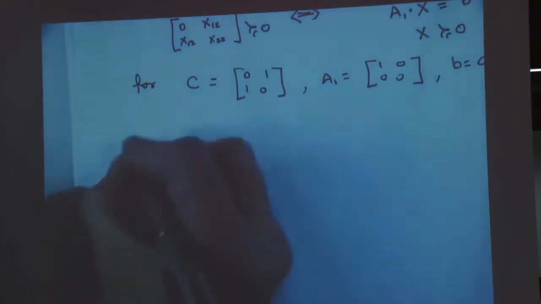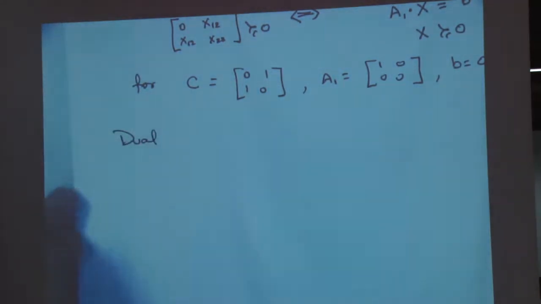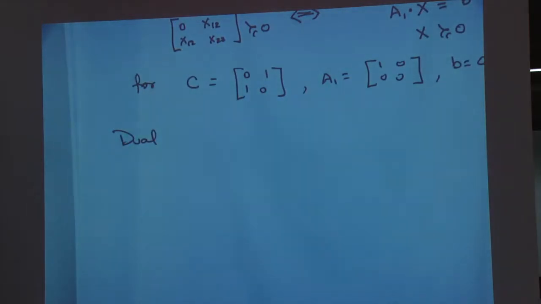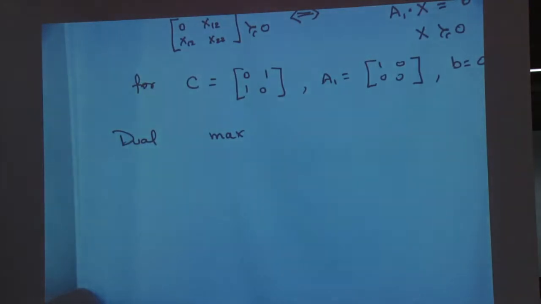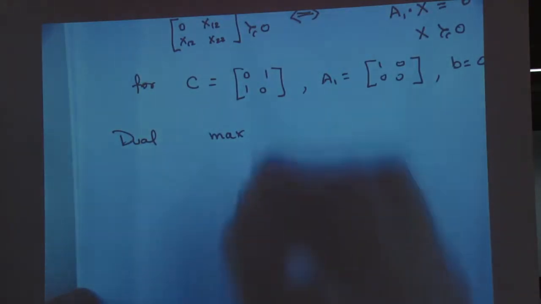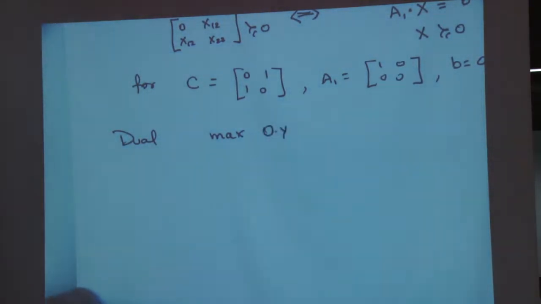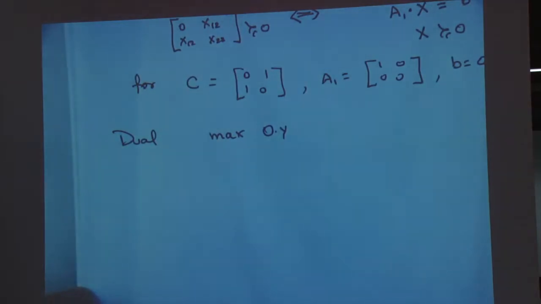So the dual will be the following problem. Remember, the dual is max B transpose Y. It's a peculiar dual because the objective is kind of trivial, 0 transpose Y, but that's still a number, and 0 is legitimate, so let's put it there.